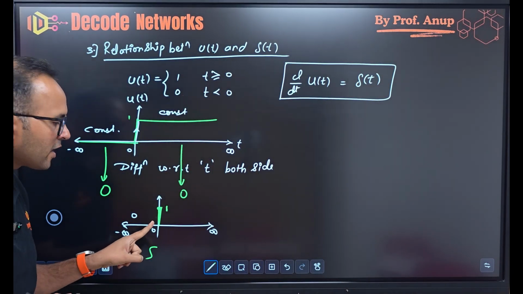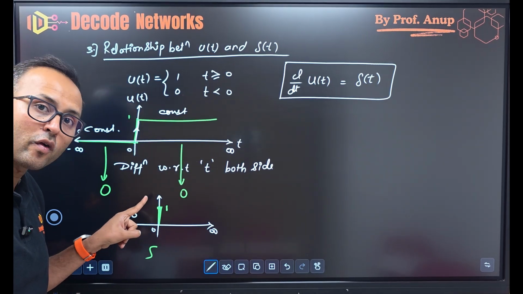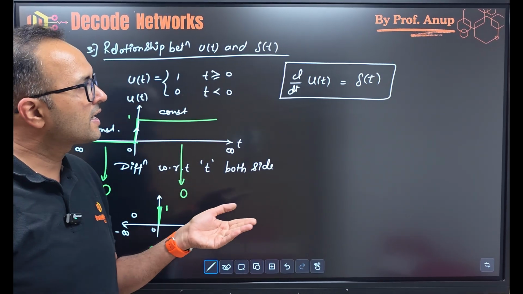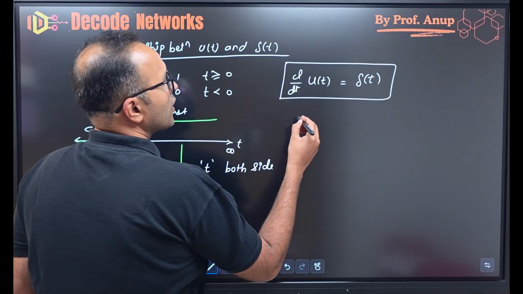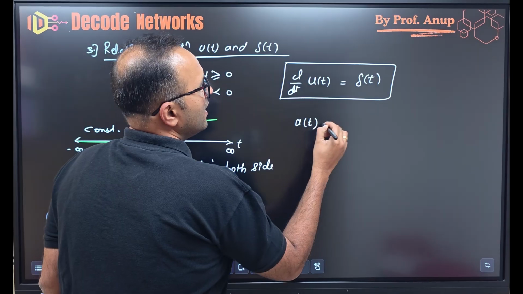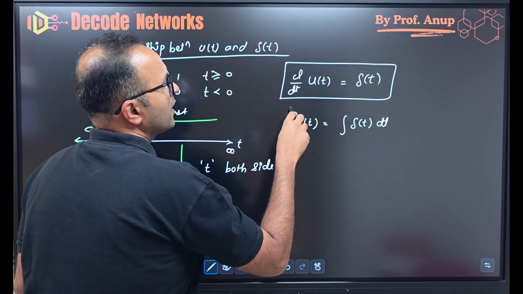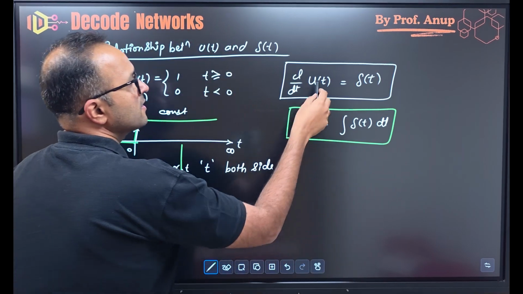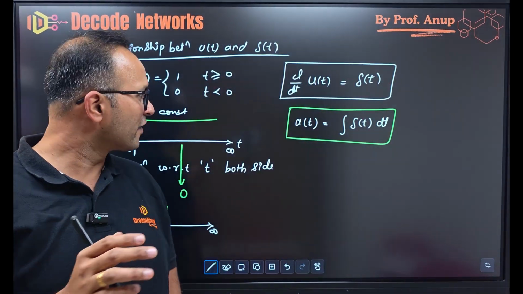That's why you are checking that your amplitude is changing only at 0, and at 0 it is getting an amplitude of 1, which is the signal del of t. Hope you are clear with this relationship. You can also say that U of t is the integration of del of t with respect to dt. Okay, so either you can say this or you can say this. Hope you are clear with the relationship.